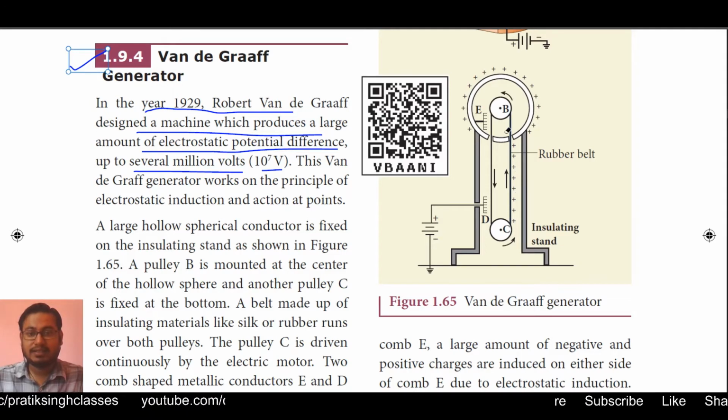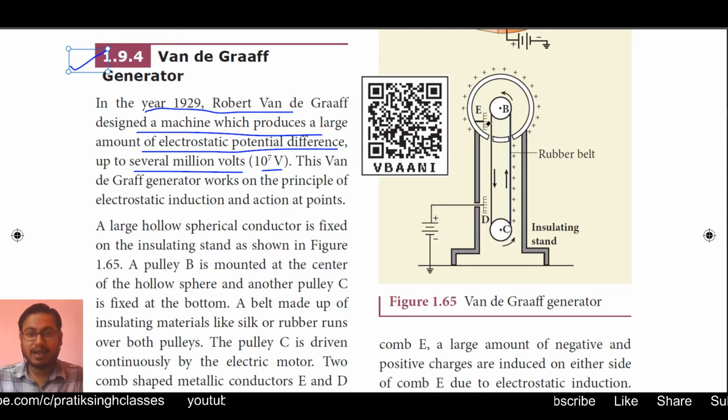Then C and B are pulleys on which a belt is mounted and rotates in the anti-clockwise direction. At D there are spikes, and positive charges are transferred from pulley C towards B, and then to the spherical dome.